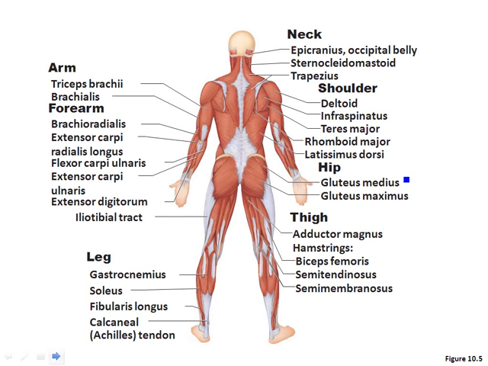Gluteus maximus and gluteus minimus. So gluteus, the gluteal region, that's your rear end. You got a big one, you got a medium one, and there's actually a minimus that's even deeper to the medius. So you have a gluteus minimus, a gluteus medius, and a gluteus maximus. So those are based on size and gluteal region, location.